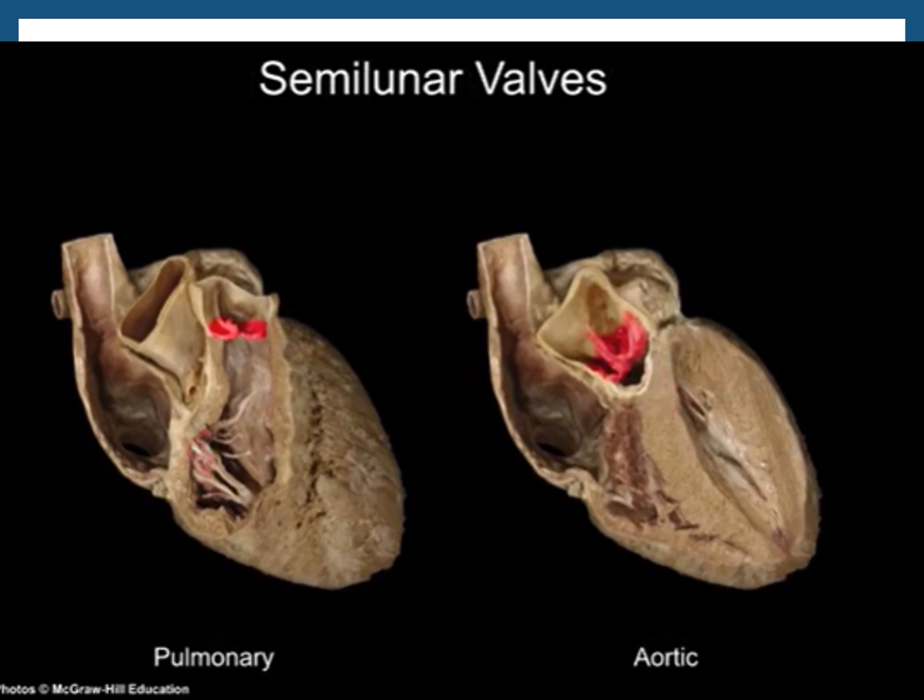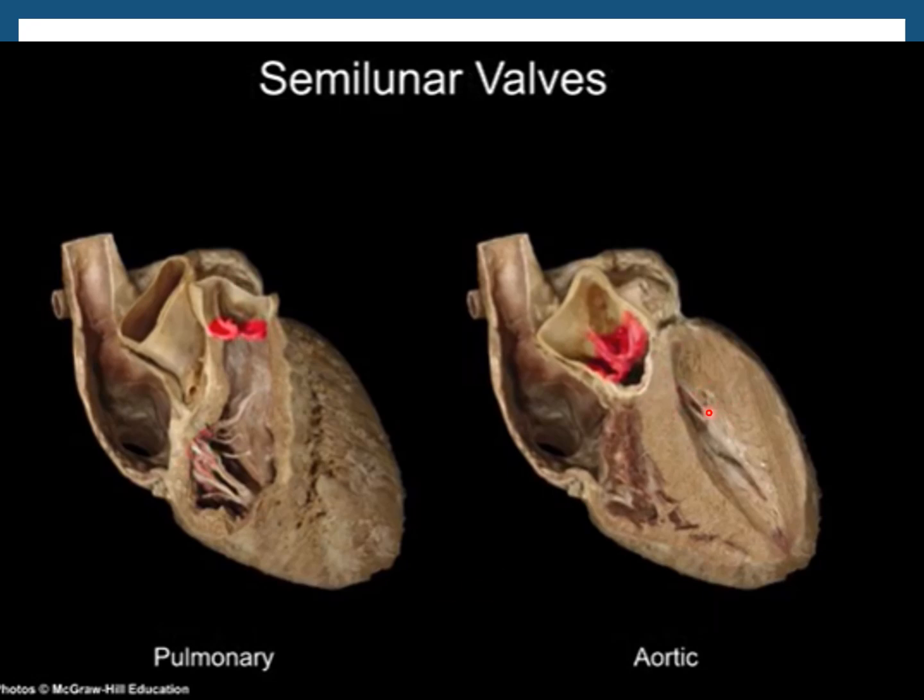And here we have a different cut of the heart, so you can see those semilunar valves. So this is going to be the pulmonary trunk here, and you can see that this is actually the right ventricle, and so the blood flow will go bloop through those valves.